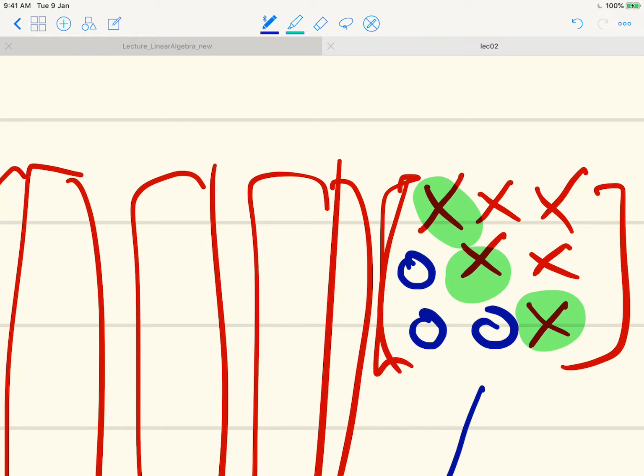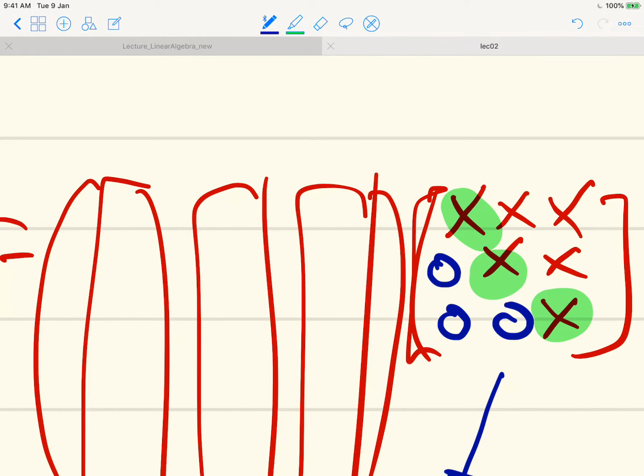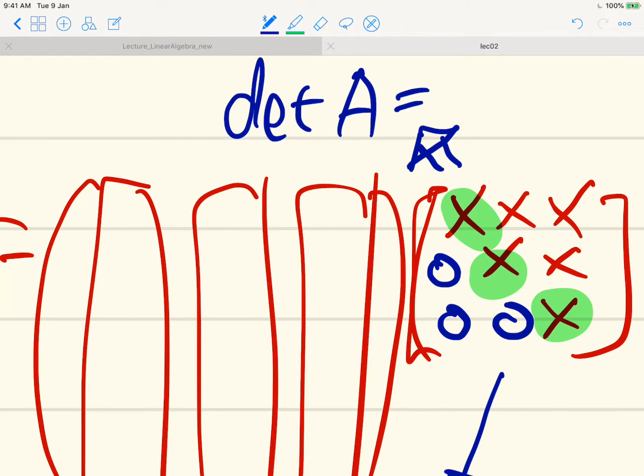Also, from another, more mechanical perspective, how can we determine whether a matrix is invertible or not? We basically compute the determinant of A, like AD minus BC, right? If it is non-zero, then it is invertible, and if it is 0, then it is non-invertible.